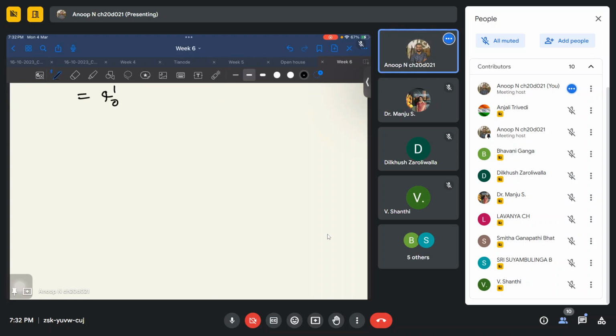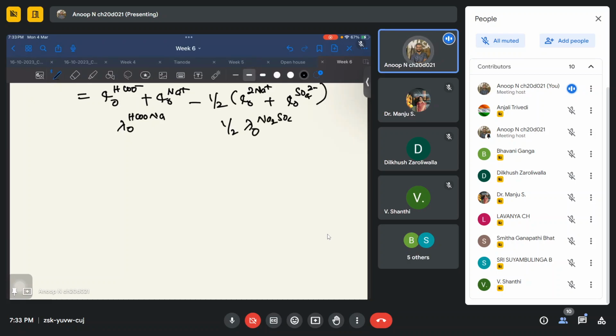L0 HCOO minus plus L0 Na plus. This is nothing but lambda 0 HCOONa. Then minus half into L0 2Na plus L0 SO4 2 minus. This is nothing but half into lambda 0 Na2SO4.